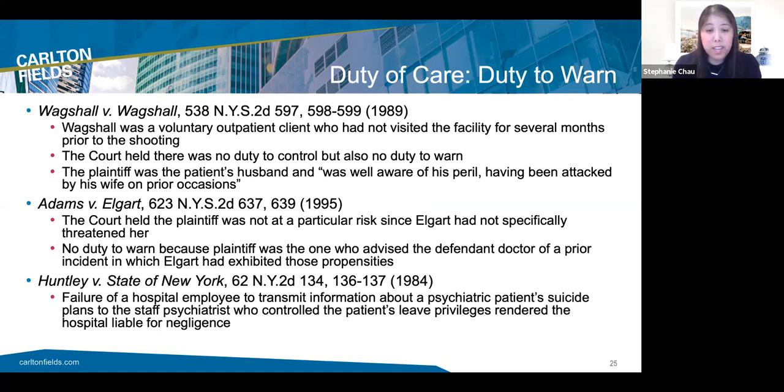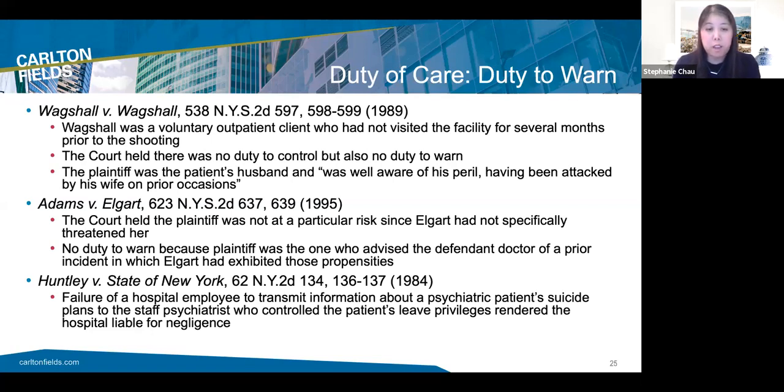So that's sort of a few examples of how the duty to warn can manifest in different circumstances. Again, many courts have hinged on the outpatient versus inpatient, but also the measure of control over the patient.